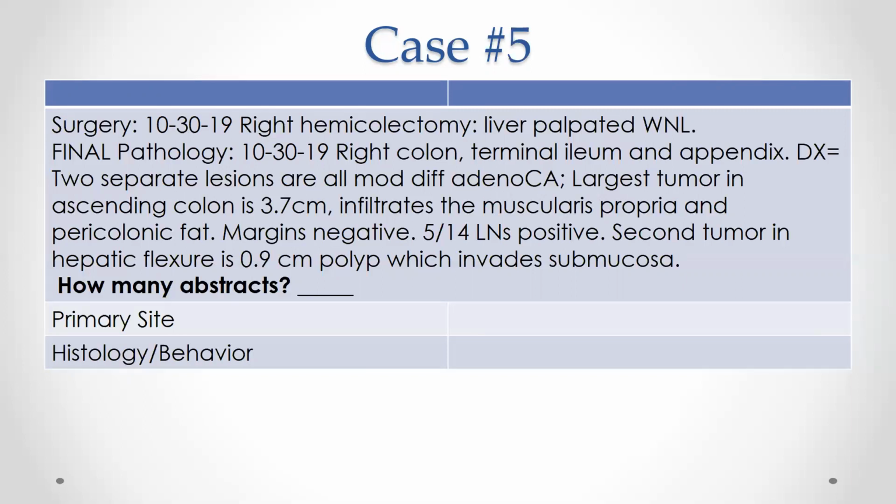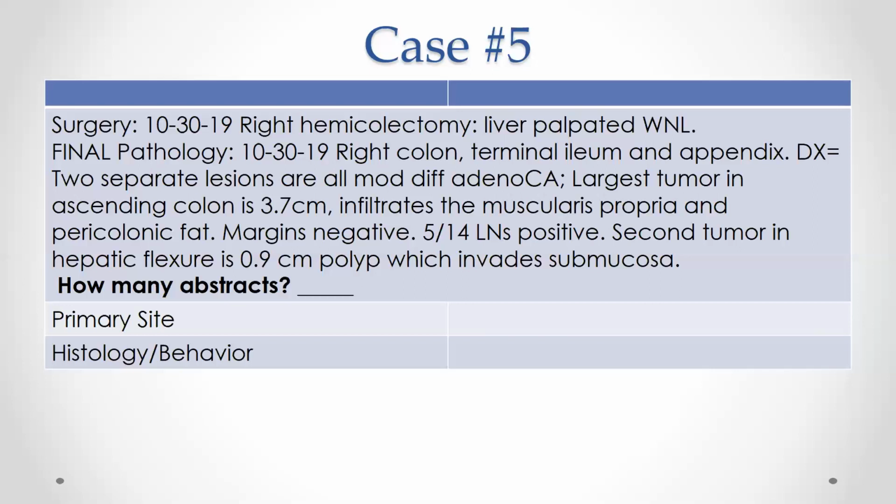So let's look at how many primaries we have before we decide how to code these and figure out how many abstracts we have. First we'll go to the multiple primary rules, start at M3 under the header for multiple tumors, work your way down through the M rules and stop at M9.